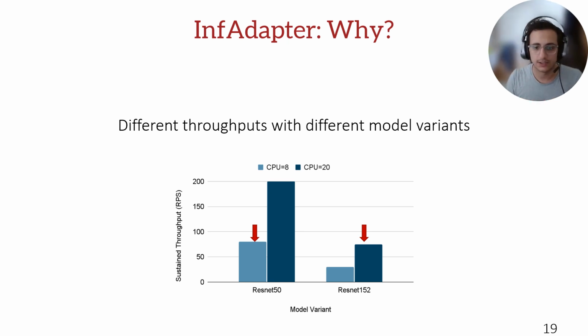The difference here is about 60%. So with 60% different CPU allocation, you can achieve almost the same throughput at the cost of lower accuracy. So in conclusion, you can see that by sacrificing some accuracy, you can achieve the same throughput.